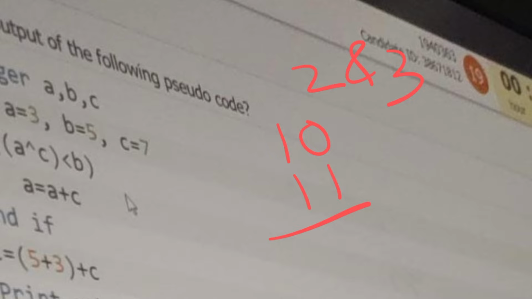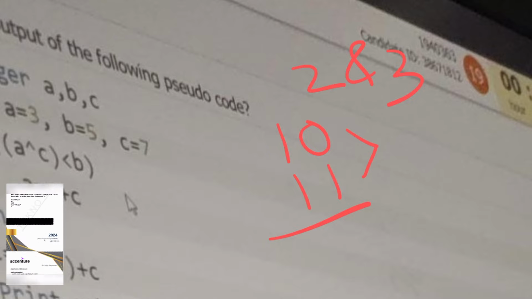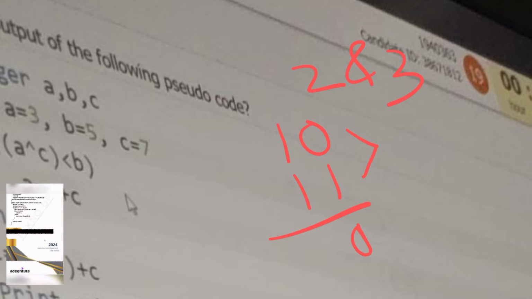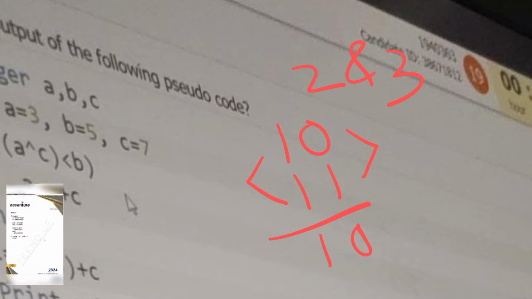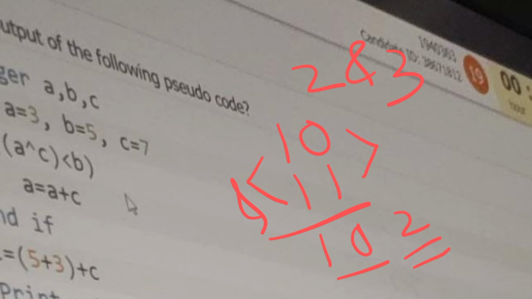Okay, so 1 and 0, here one statement is false, that's why the whole statement will be false. Okay, and in this case both are true, so we'll give true. Okay, only in case of AND operation. So this is the binary representation of 2. So in case of 2 AND 3 operation, output will be 2. Okay, so I hope you understood.